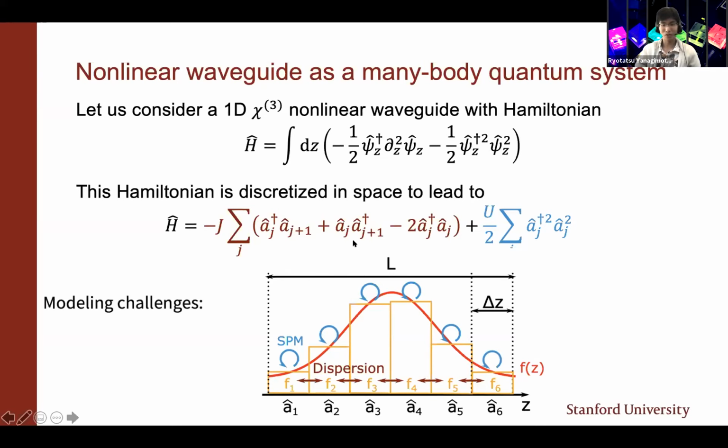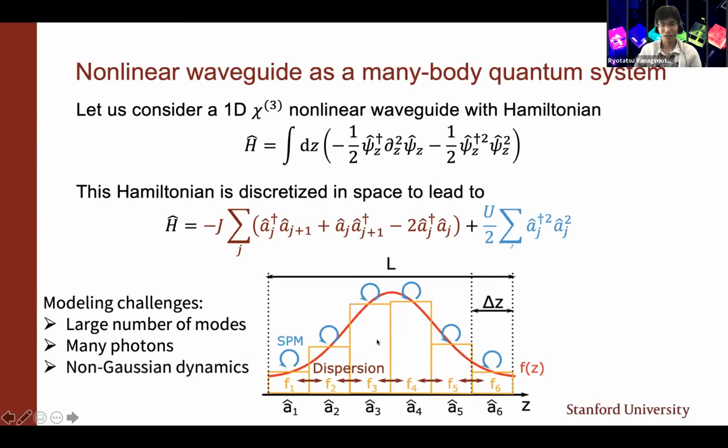And although this Hamiltonian looks good, we can't really naively simulate this system because we have a lot of modes involved. And also we have a lot of photons, we could have hundreds of photons in this pulse, and they all go through non-Gaussian dynamics.